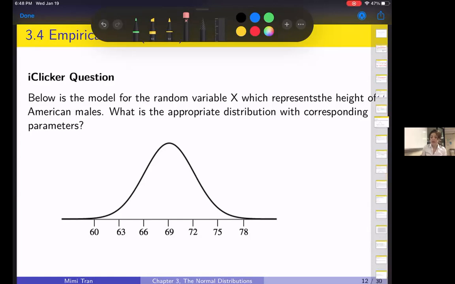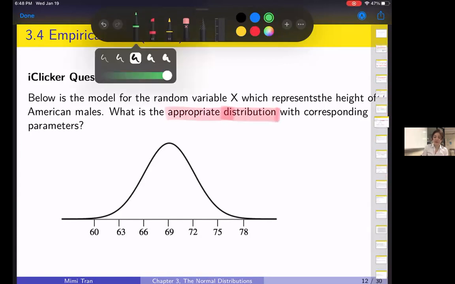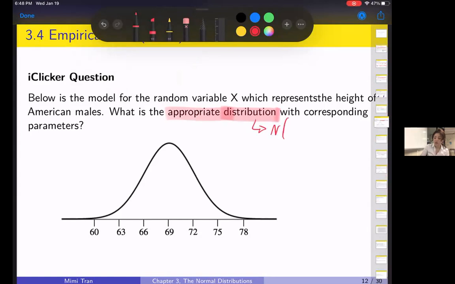Below is a model for the random variable X, which represents the height of American males. What is the probability distribution with corresponding parameters? So I'm asking about the distribution, right? This is a normal curve, so the distribution is normal, mu, comma, sigma. Can you fill in what is mu and what is sigma by looking at the picture? If you do, put it in the chat privately.